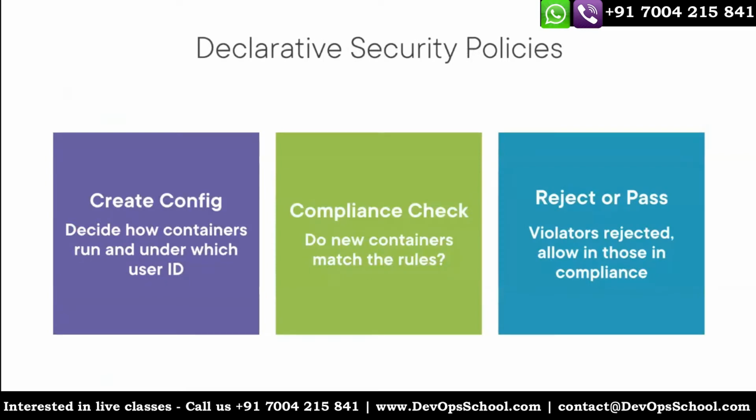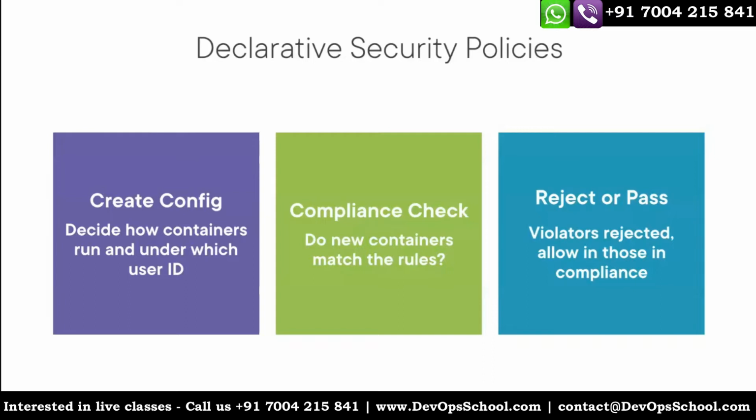So how do we set the security policy? In Kubernetes, we declare the security policies using a YAML file. So create a config, and decide how the containers run, under which user ID and stuff like that. You can do that through the YAML file. After that, compliance check. Do new containers match the rules? And after that, you can reject or pass.